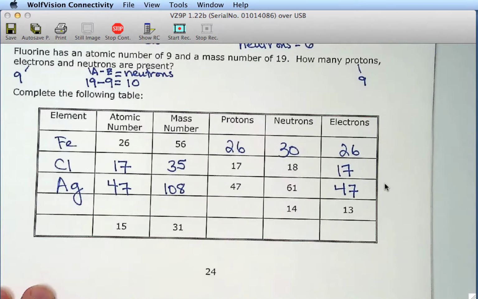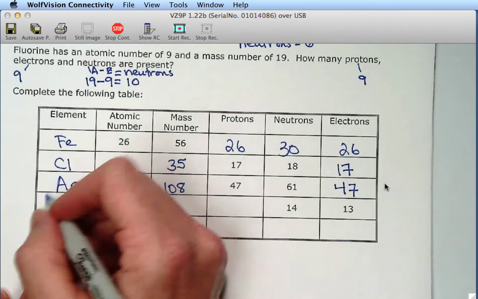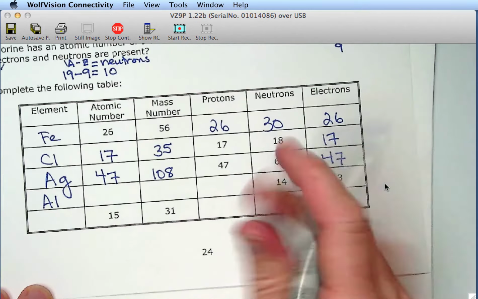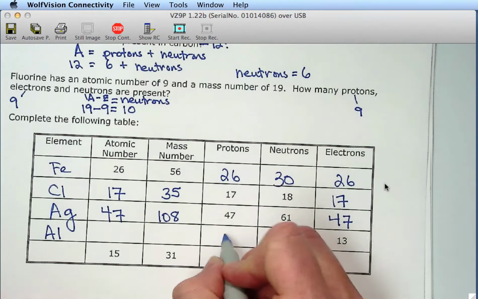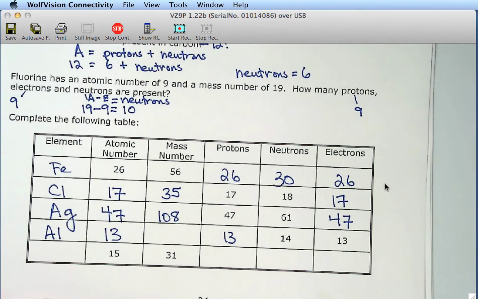The fourth entry, what element are we dealing with? Aluminum. So again, the electrons are the same as the protons, which is the same as the atomic number. The mass number is the protons plus the neutrons.